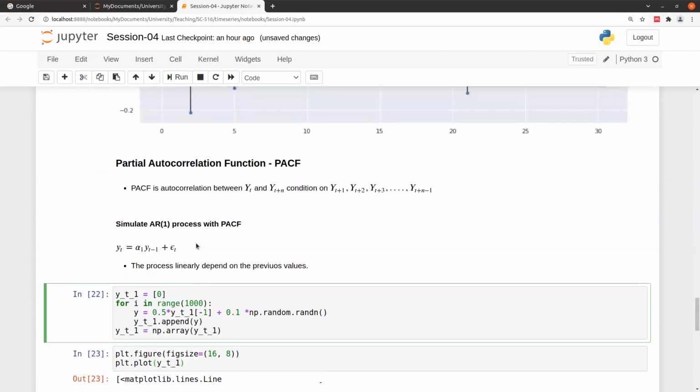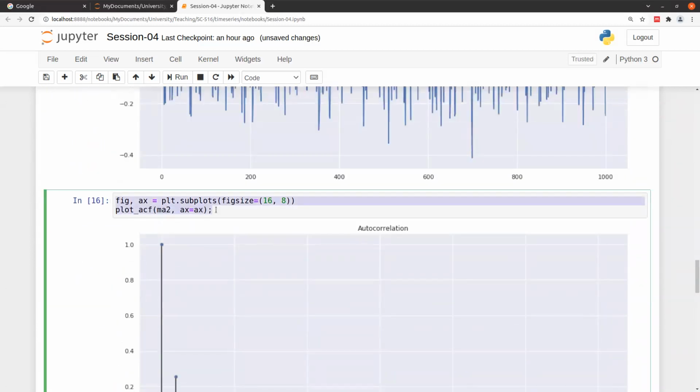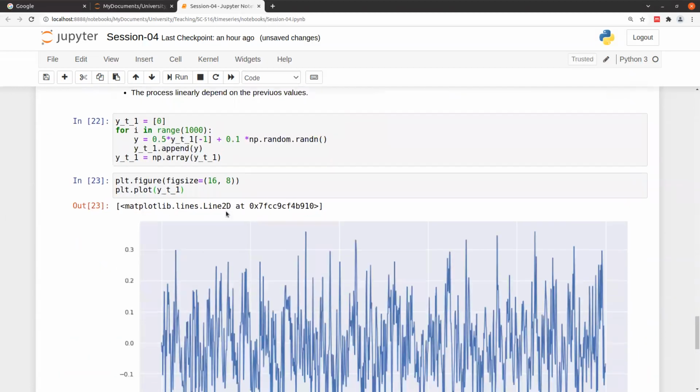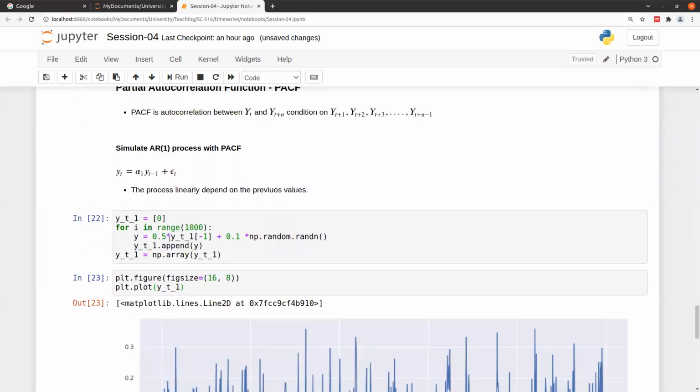Then let's try with the PACF graph. That's our ultimate goal, to test. Up to now, what we know is we are simulating an AR1 process, which means we are going to predict the next value based on just the previous value. In that scenario, the PACF graph should represent that with lag 1, right?